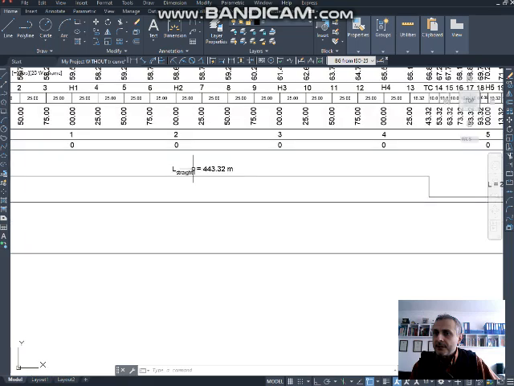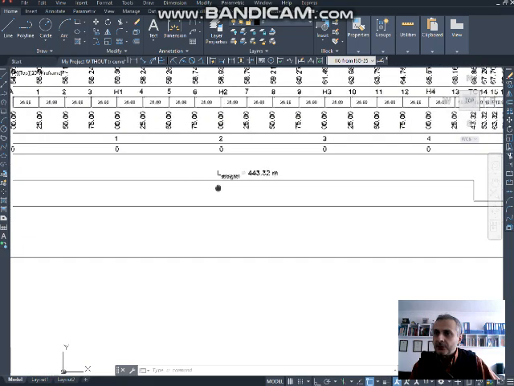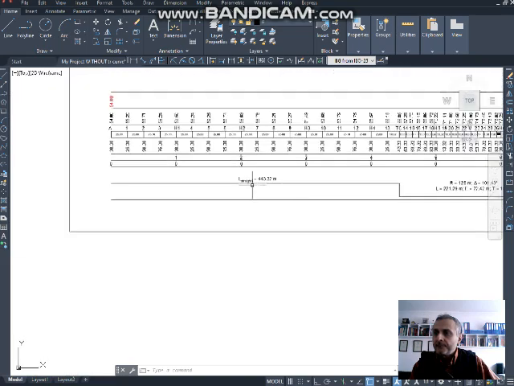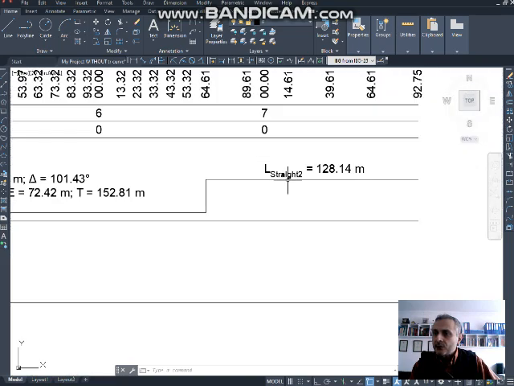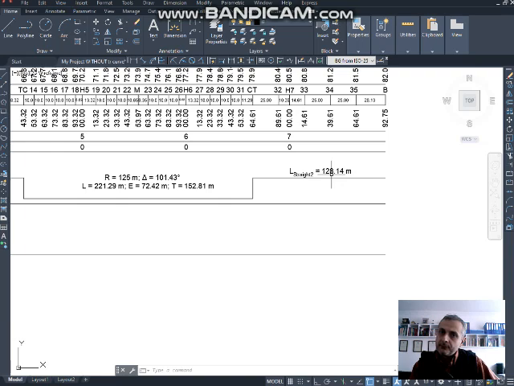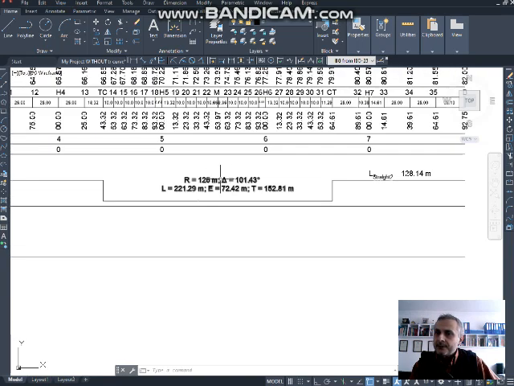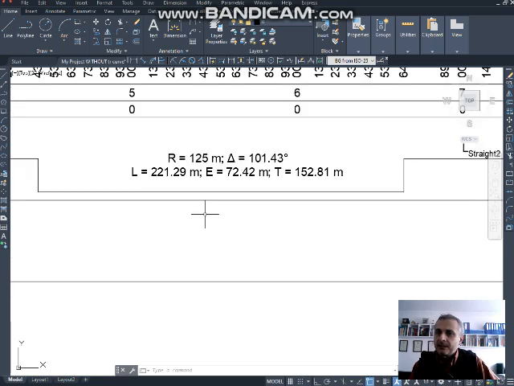This distance here is the straight alignment until the curve, and here there is another straight distance, 128, after the curve. These are all from the plan drawing, and these are the same as the curve properties that you have on the plan drawing as well: the radius of the curve, the deflection angle, the length of the curve, the external distance, and the semitangent distance.